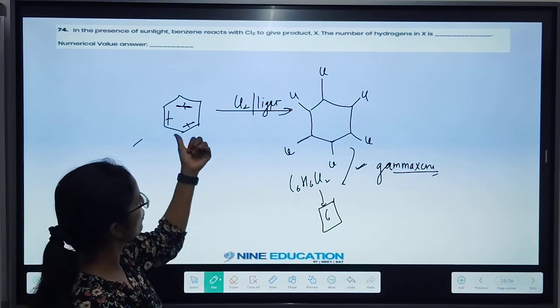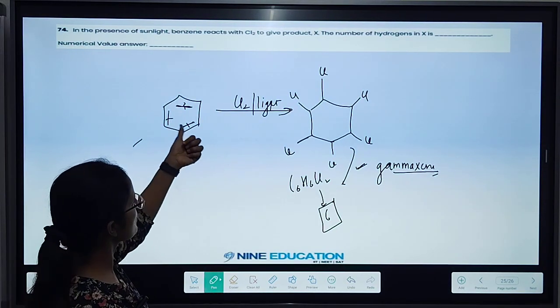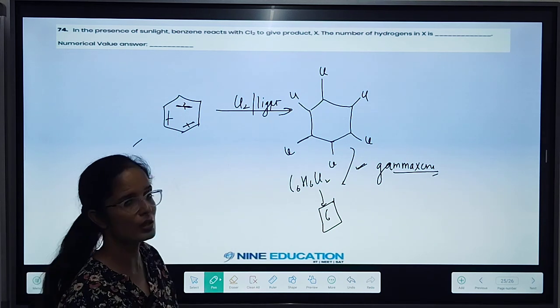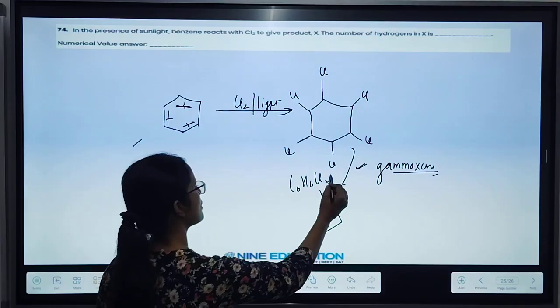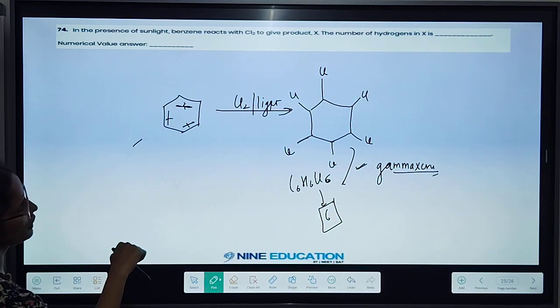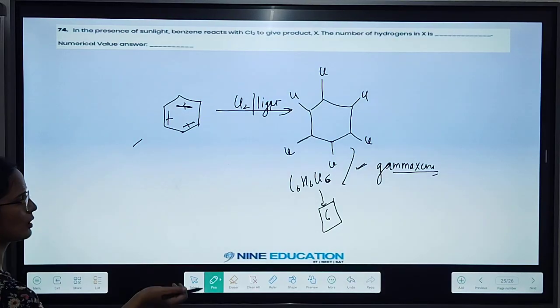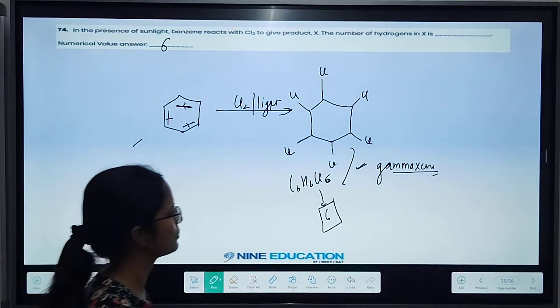That's why the reaction does not stop at the breaking of only one pi bond, and instead all the 3 pi bonds react, and they give us the hexachloro compound, C6H6Cl6. So the number of hydrogen here would be 6. If somebody asks you the number of chlorine, that answer will also be 6. So 6 will be the numerical value answer.